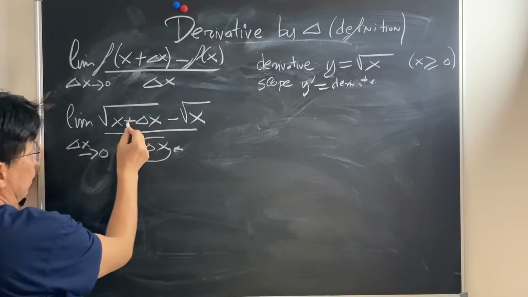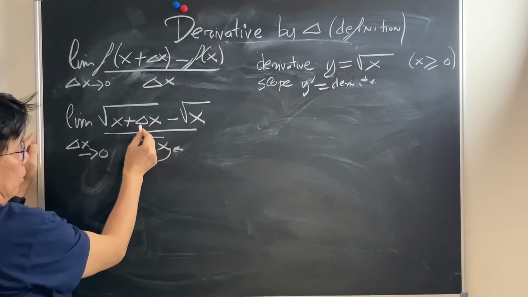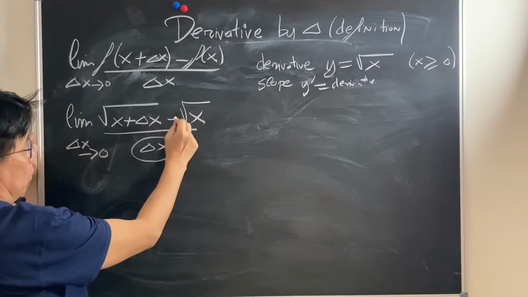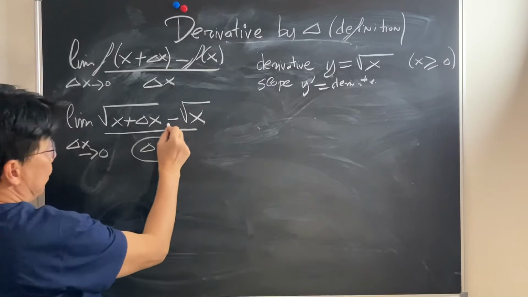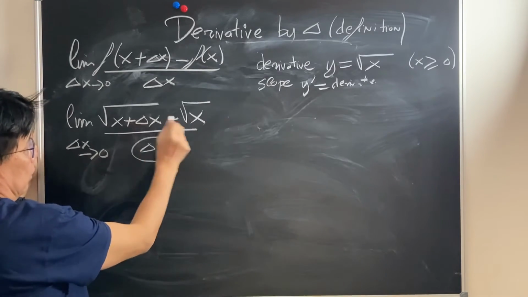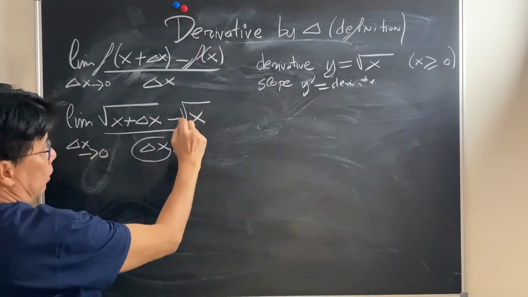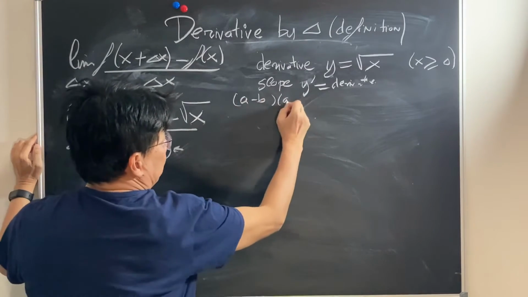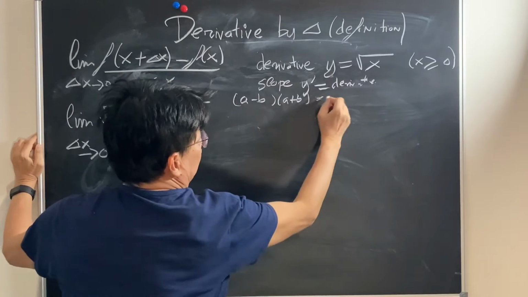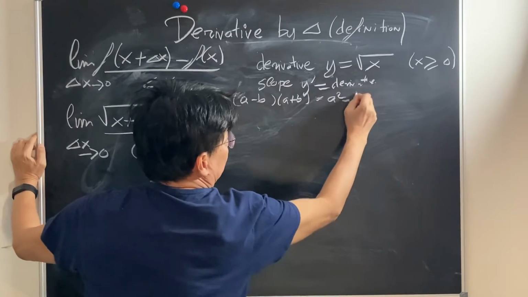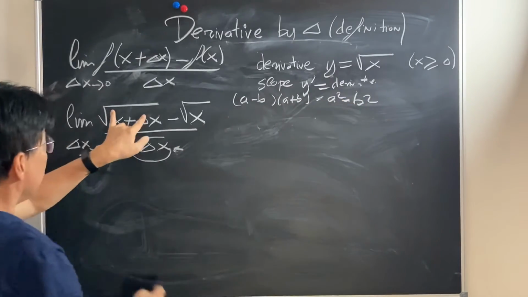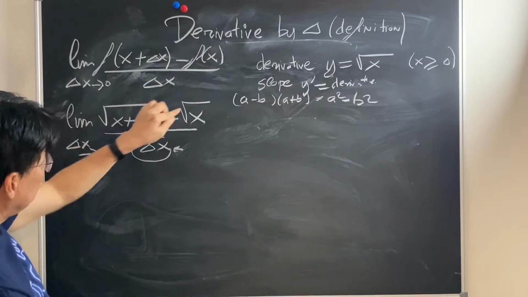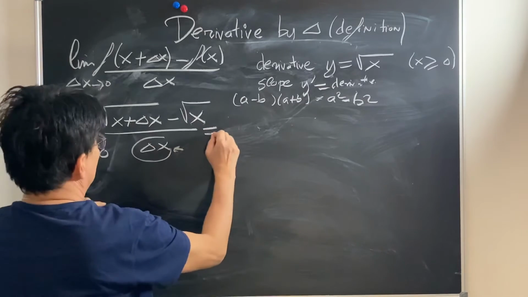In this one we have a square root minus a square root. So all you have to do is multiply by exactly these same two terms, but with a plus sign. That means you apply a minus b times a plus b equals a squared minus b squared. You need to get rid of the square root sign, and in order to do that, you have to do this.